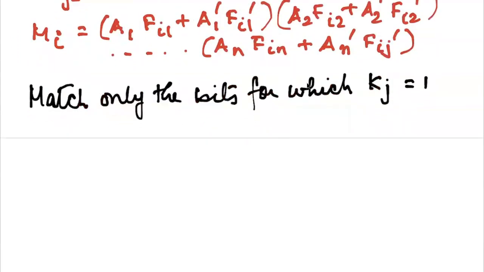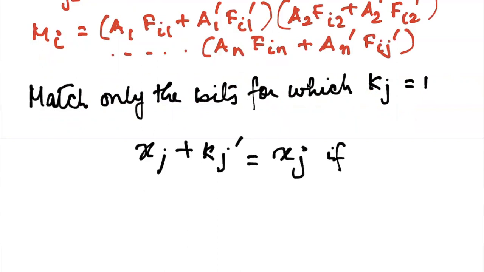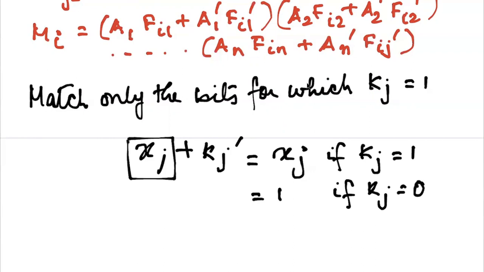So this we can write again in this format. That is, xj or kj dash is equal to either xj if kj is equal to 1, or it is equal to 1 if kj is equal to 0. Let's see what it means. So here I'm going to OR the xj. Xj is what?